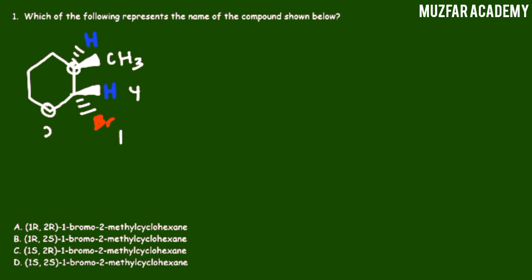The carbon at the bottom is a secondary carbon because it's attached to 2 other carbon atoms. The carbon at the top is a tertiary carbon. It's connected to 3 other carbon atoms. A tertiary carbon will have a higher priority than a secondary carbon.